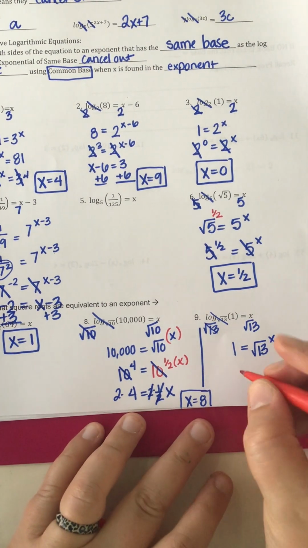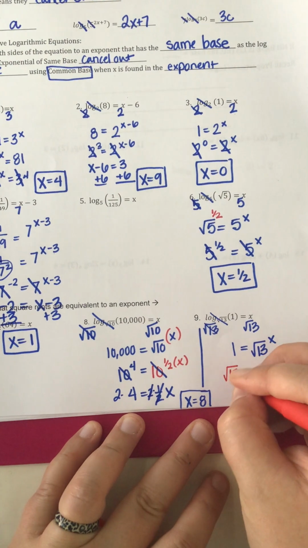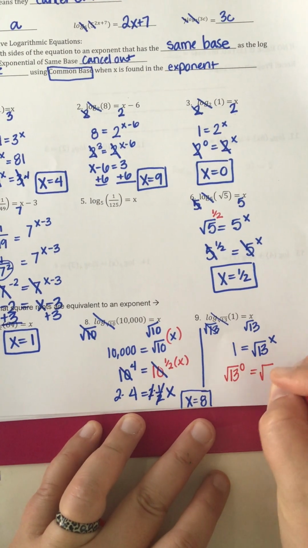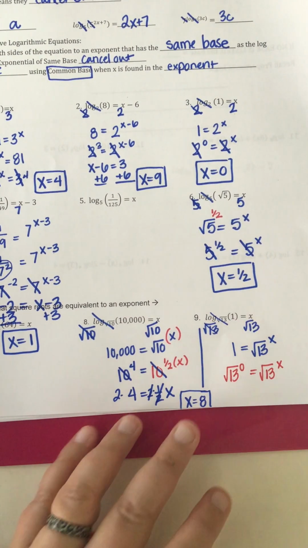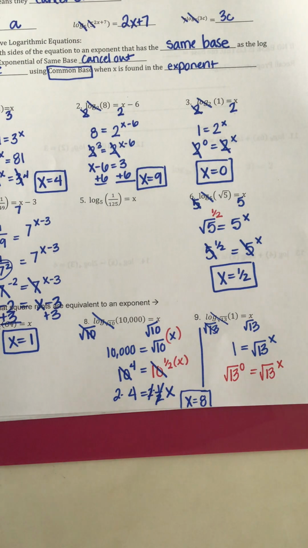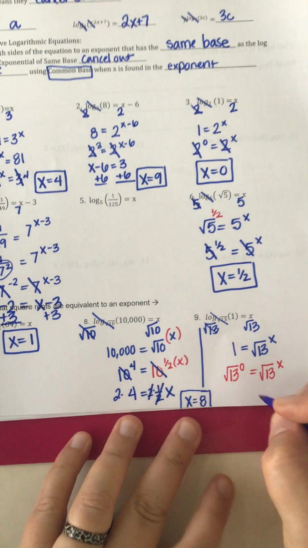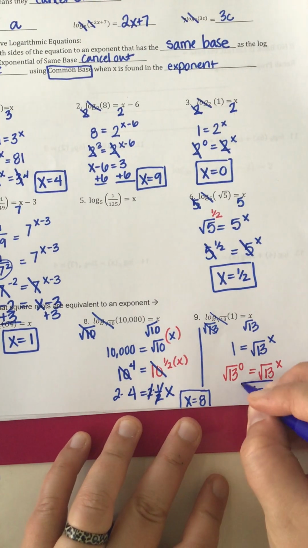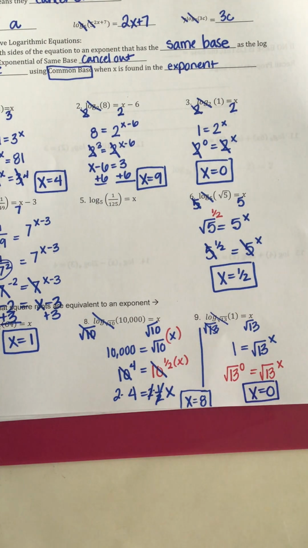Because root 13 is a number, right? So I'll do root 13 to the 0 equals root 13 to the x. And now that I have the matching root 13s on both sides, I can cross them out and x is going to equal 0. Okay, any questions on that? All right, turn the page when you're ready.